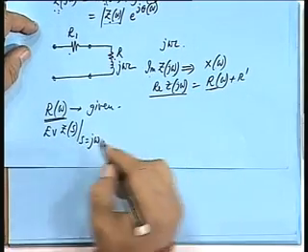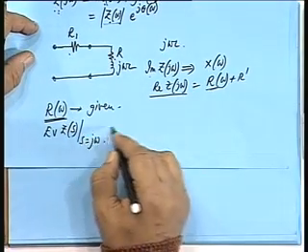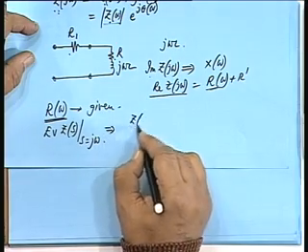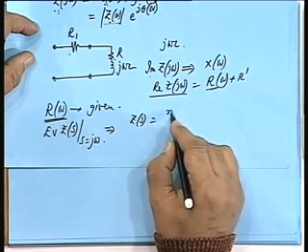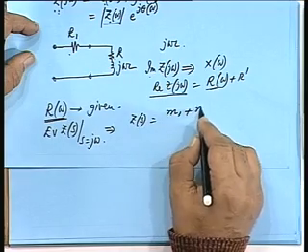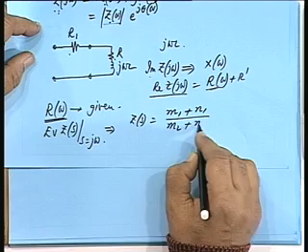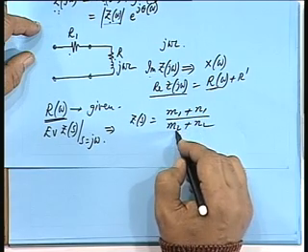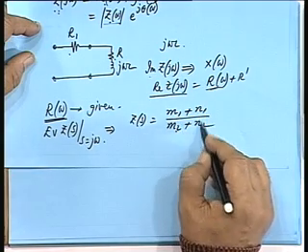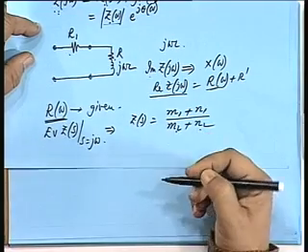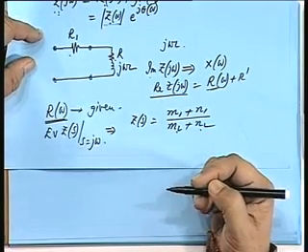If you remember, ZS can be written as even part plus odd part. This we discussed while testing the positive realness of a function, if you remember.